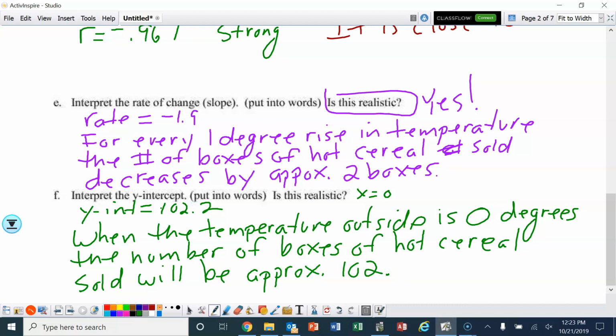Okay, again, we can't sell part of a box, so we're just going to round it to 102. Is this realistic? Yes, that's realistic. Certainly is. If it's cold, 0 degrees outside, I could see lots of hot cereal boxes being sold. All right, let's keep going.